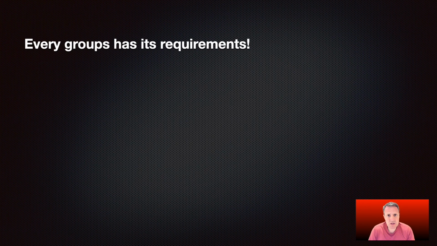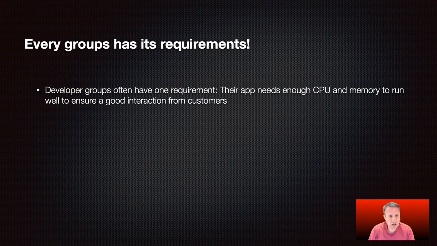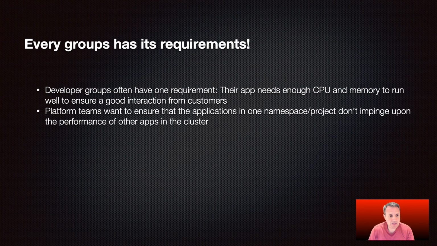And we know that every group has its own set of requirements. The developer group typically has one hard requirement: their app needs enough CPU and memory to run well for their customers. That's it. That's typically the biggest requirement I ever see. And then, of course, there's the platform team, which runs the platform that runs the developer's application.